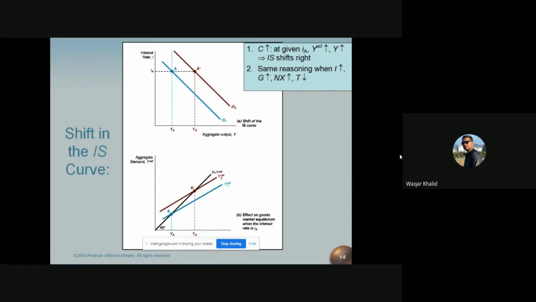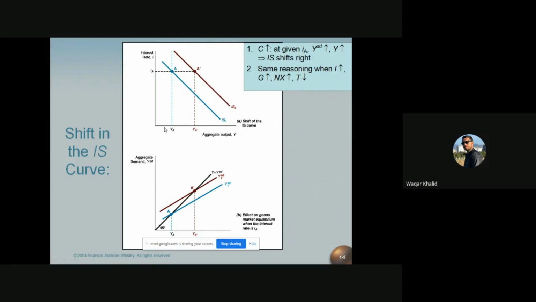So what will happen? What happens to the equilibrium level of aggregate output as a result of this rise in autonomous consumer expenditure when the interest rate is held constant? You can see that iA, which is the interest rate, is constant, and IS1 is the original IS curve, and on this curve we have point A, where YA denotes the aggregate level of output.